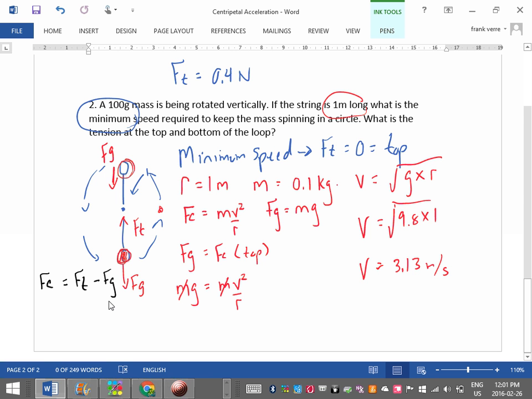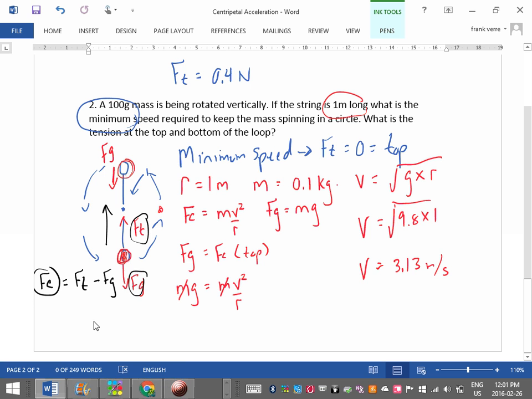Tell me if that makes sense. Centripetal force has to be the center seeking force, right? So it has to be the sum of this one plus this one. Well, this one's pointing which way? And this one's pointing the other way. So that center seeking force would have to be the net force between tension and gravity.